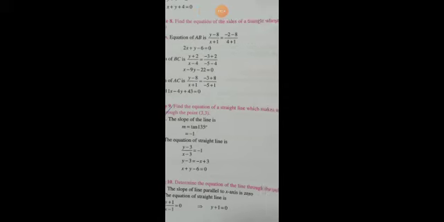This is another type of line which passes through one point and makes an angle theta with the x-axis. So here m, that is the slope, is tan theta, equal to tan 135 degrees, which has the value -1.